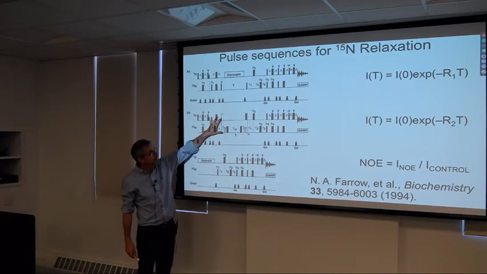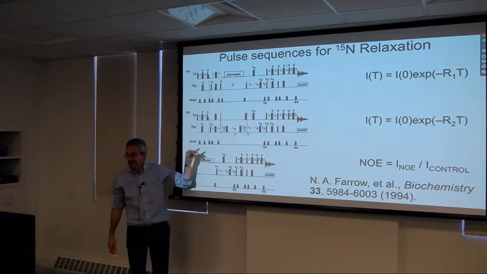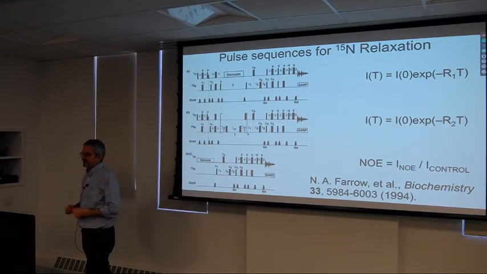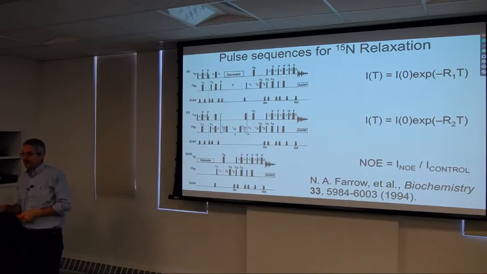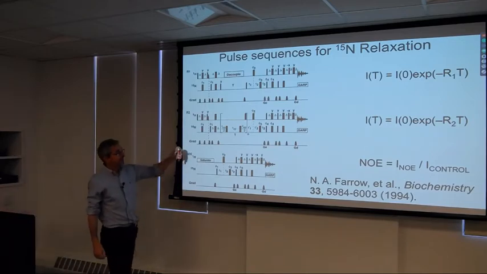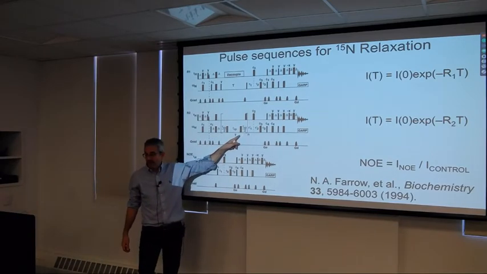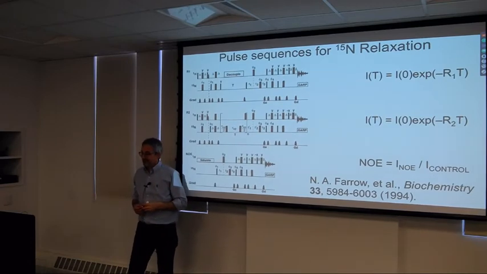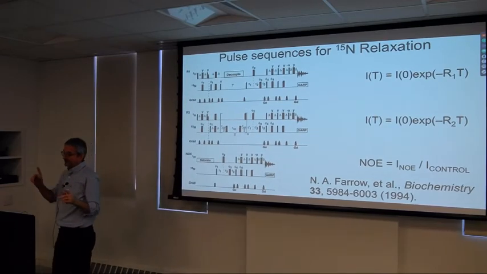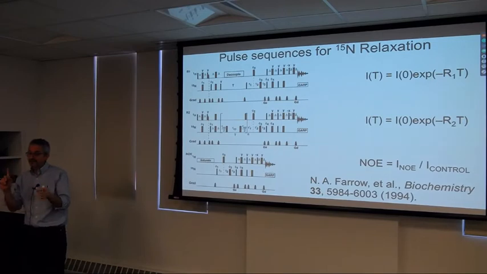Here, we don't have to worry about cross-relaxation because the nitrogen and the hydrogen are separated in frequency by 450 megahertz. So they're never secular in this case, but we do have to worry about cross-correlated relaxation. We have to suppress the fact that the TROSY line and the anti-TROSY line relax at different rates.